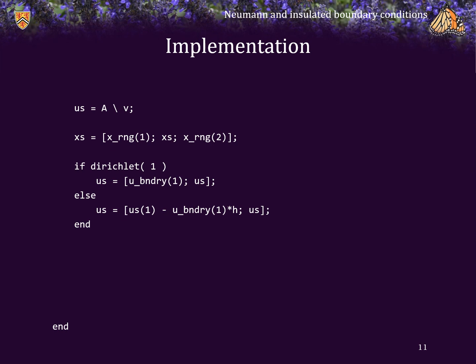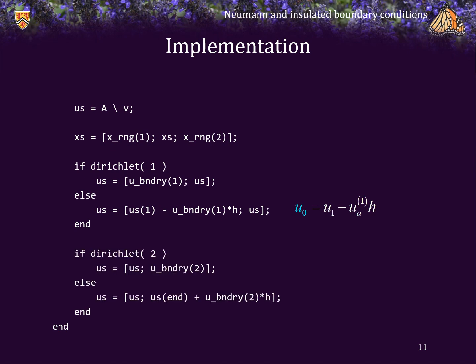Now, if the first condition was Dirichlet, then the left-hand value, the value at a, is given in the problem. However, if it's a Neumann condition, then u0, the value at the left-hand endpoint, is given by the expression we calculated. So that's what we will use here.